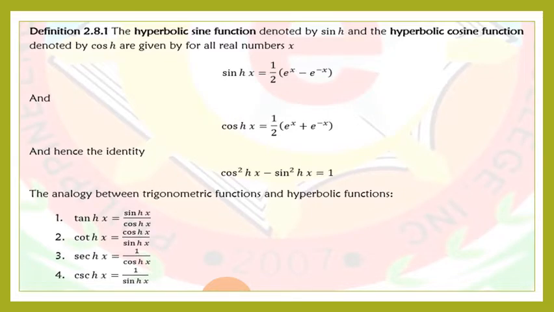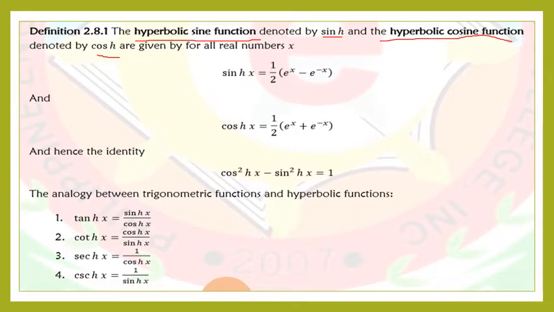So, the hyperbolic sine function, denoted by sine h, and the hyperbolic cosine function, denoted by cosine h. Kaya naging h, may h dyan kasi hyperbolic siya, are given by, for all real numbers x.